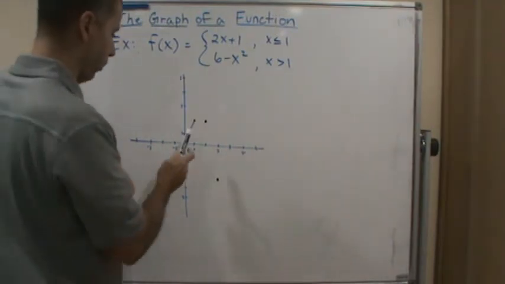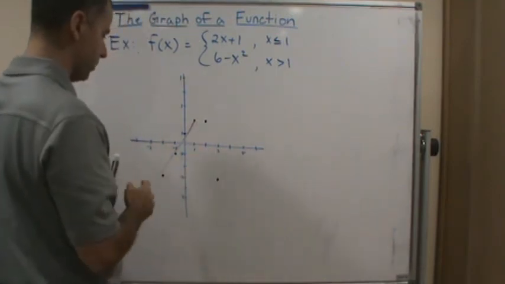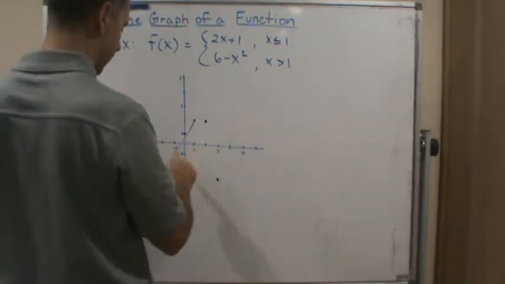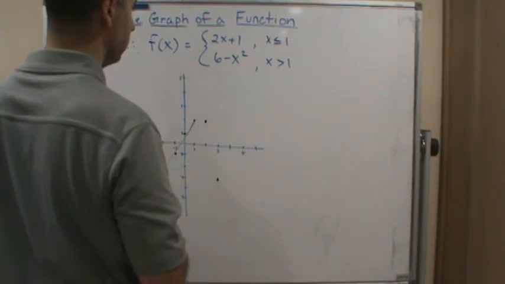But we still got something going on here. So let's do values in between here. So like 1.5.